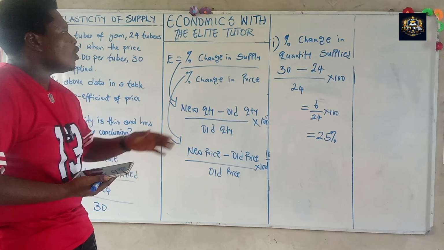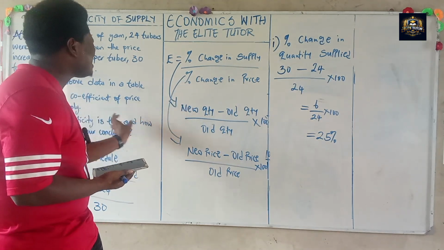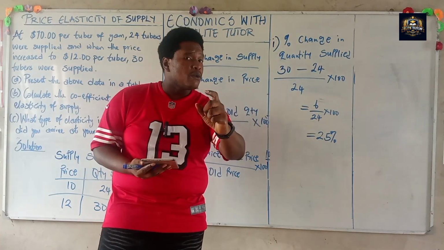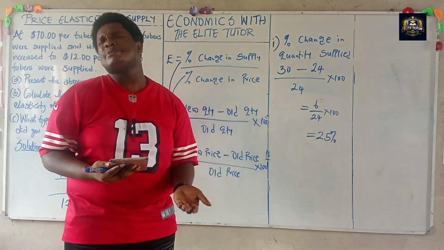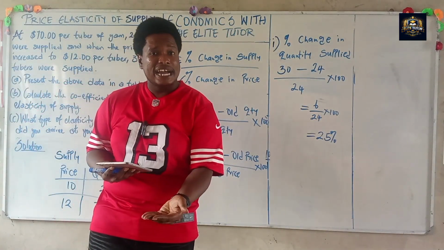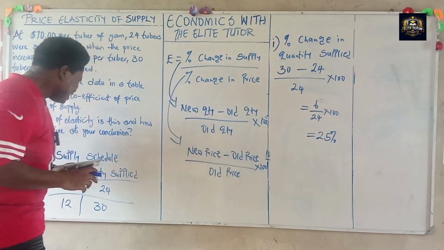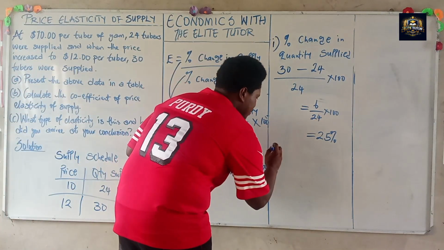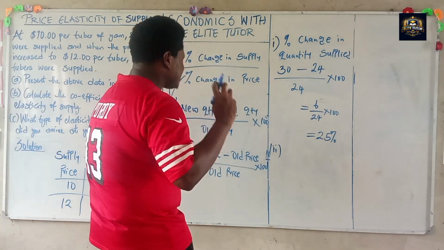Now don't forget, we want to ascertain our coefficient of price elasticity of supply. We've only gotten our percentage change in quantity supplied. Now we have to get our percentage change in price. And what is our percentage change in price? Our new price minus old price divided by our old price. Now what is our new price? Our current price, 12. So we want to calculate percentage change in price.